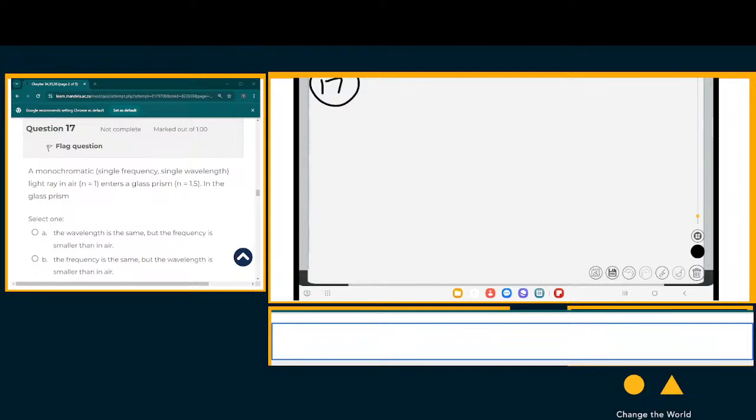So we have problem 17, which states a monochromatic, meaning single wavelength, single frequency, light ray in air. So we have a boundary, we have air on the side, and it enters a glass prism. This is the boundary of the glass prism. This is glass.